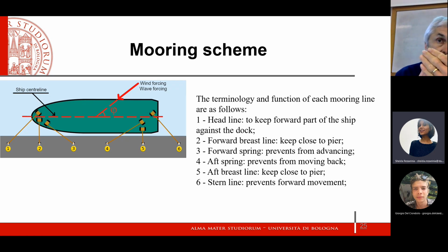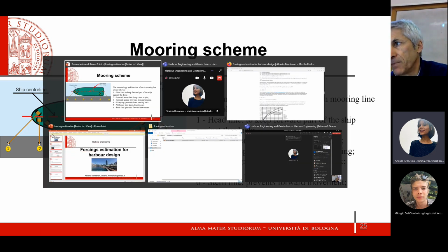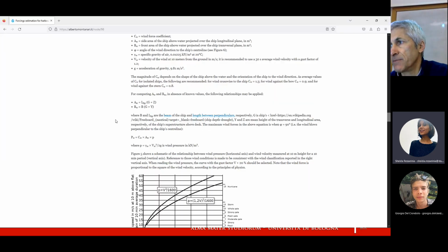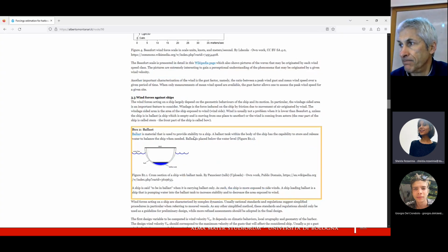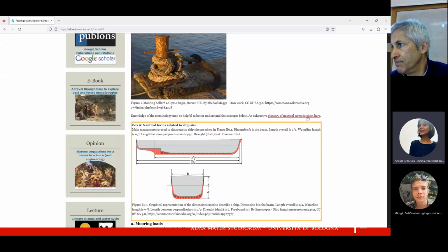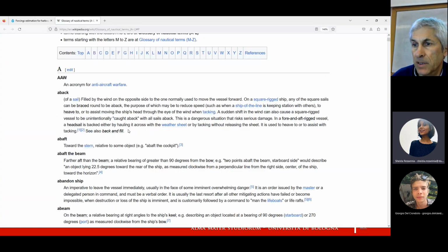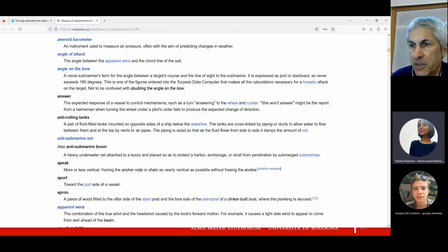The point of contact between the side of the ship and the spring line is called chock. Let me just, in the nautical terms, let me be clearer.